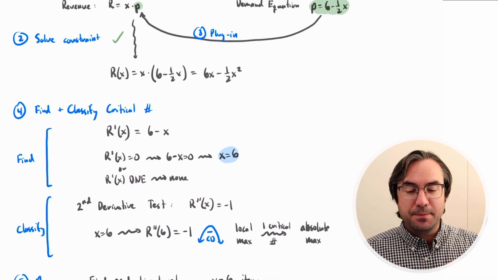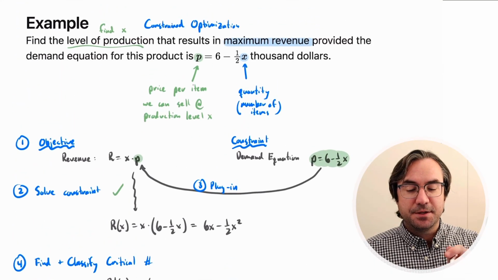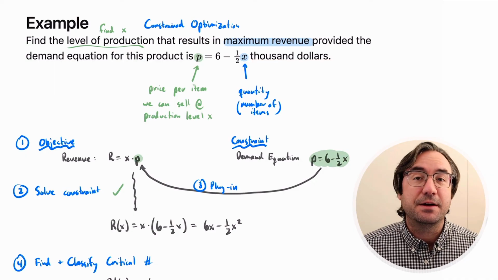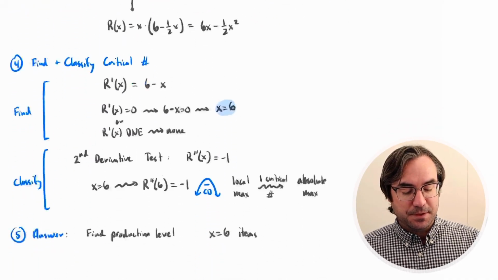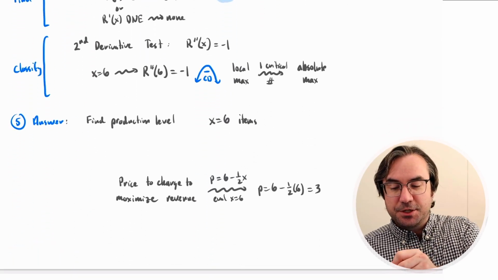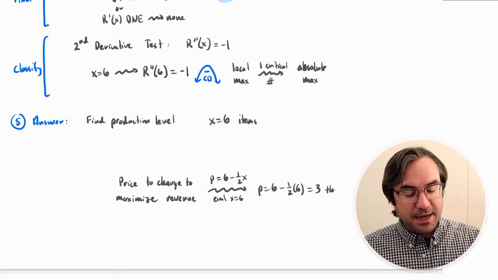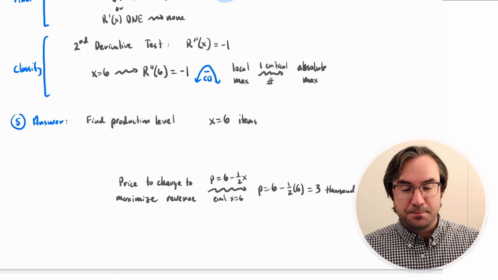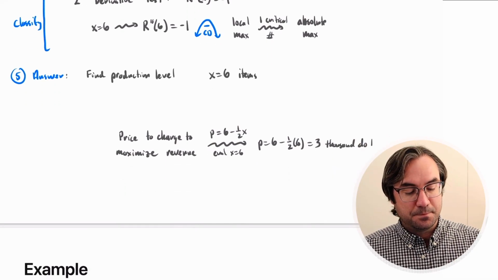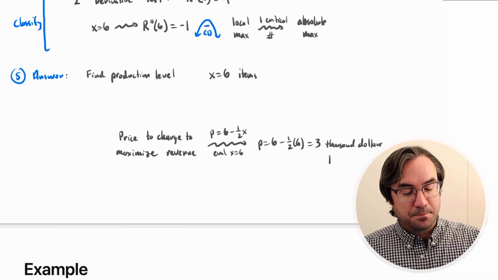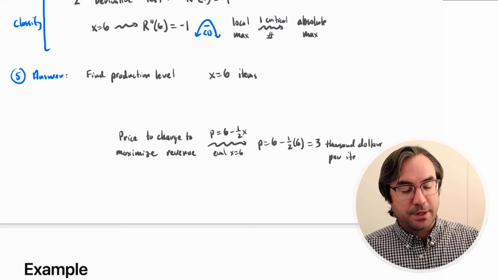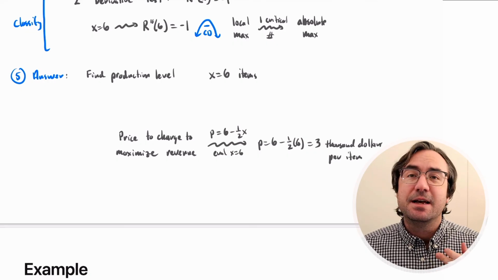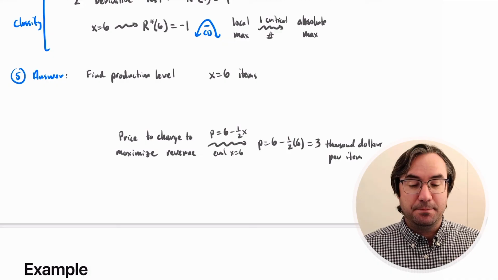If we go back up, the price here is given in thousands of dollars. So the price we should charge is $3,000 per item. That's what lowercase p is telling us. It's telling us how much to charge per item.